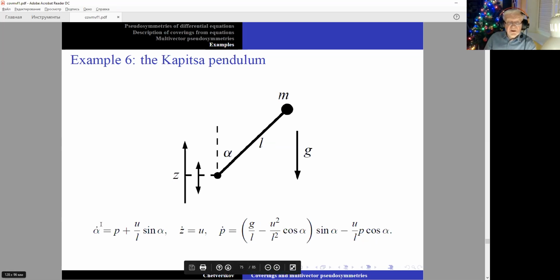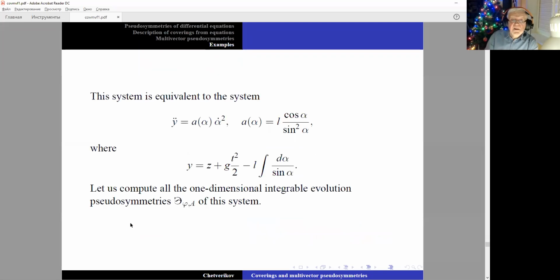Dot is a derivative with respect to time, the independent variable. This system is equivalent to the system of this form, where R is this function of alpha, and I is this function.